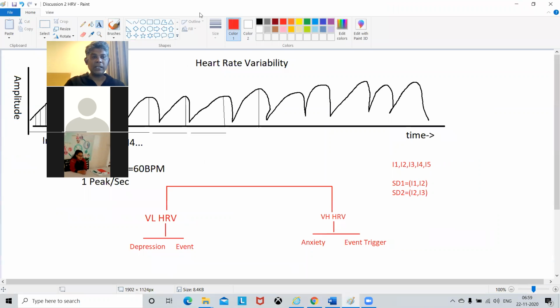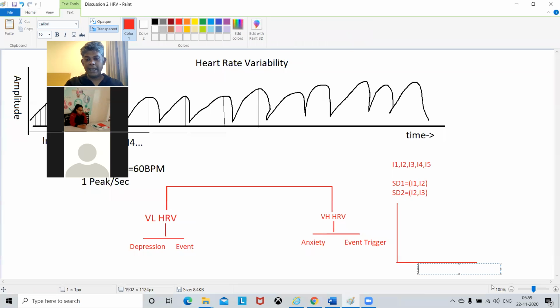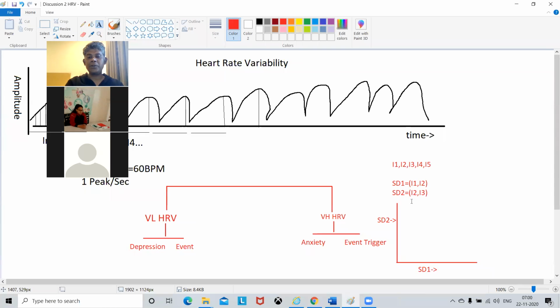And then what we do is we plot them in a graph. In the x-axis we have all the standard deviation 1's, and in the y-axis we plot all the standard deviation 2's. Obviously, because I1, I2, I3, I4 are all in milliseconds, the standard deviations are also in milliseconds. So let's say standard deviation 1 was 30 milliseconds.